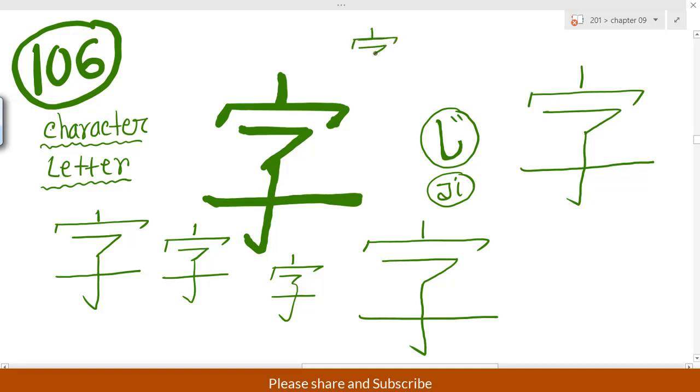The stroke of this kanji, again this one first and second, third, fourth and fifth. So again, the stroke of this kanji.